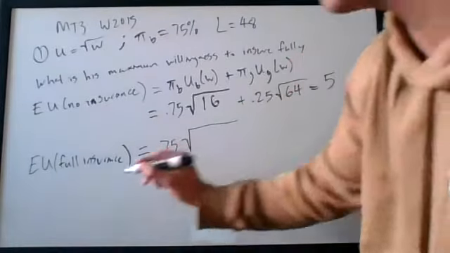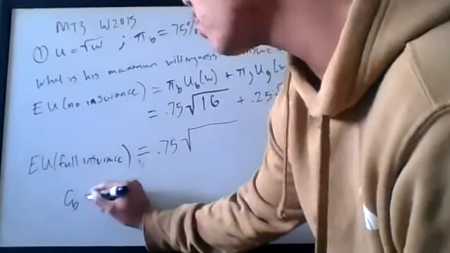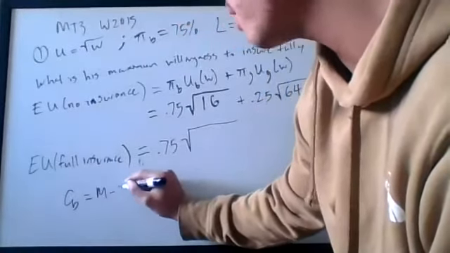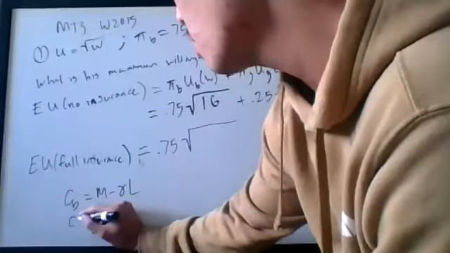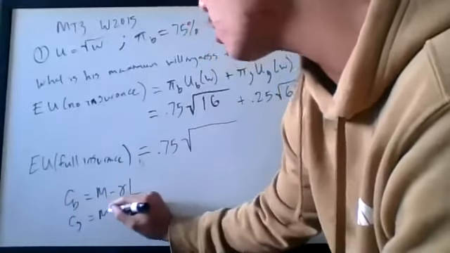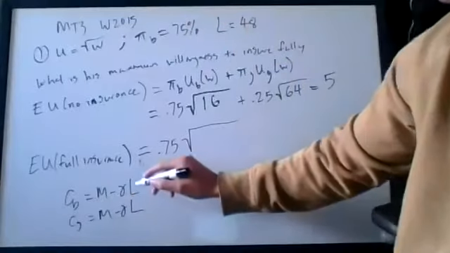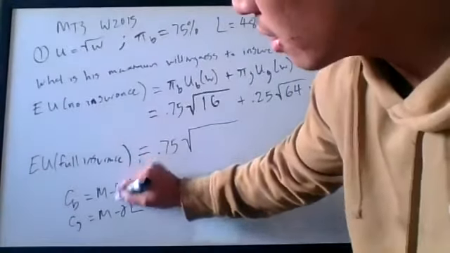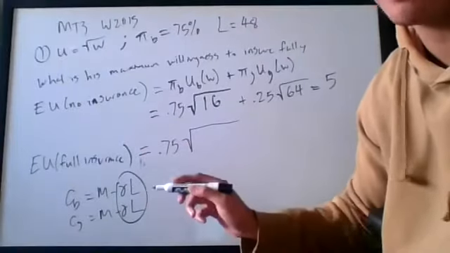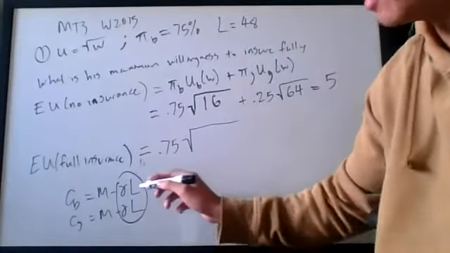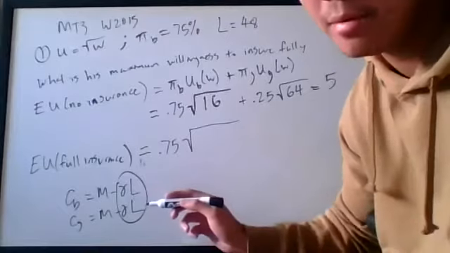And so we know that consumption in the bad state with full insurance is M minus gamma L, and that consumption in the good state is also M minus gamma L. And what we're looking for, how much he's willing to pay, is gamma L, right? This is how much he pays for insurance. This is like his insurance premium, okay?